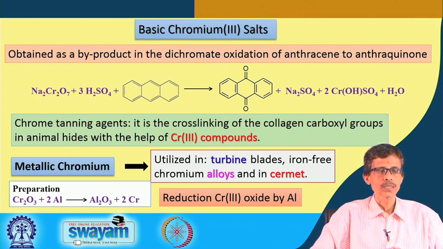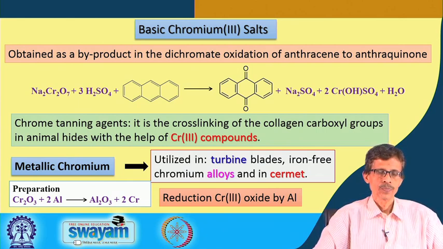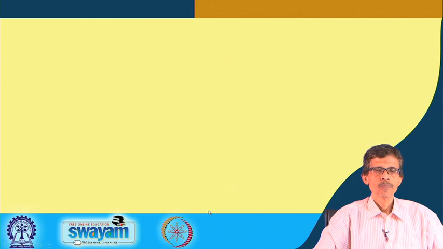So, the production of this is from aluminum as alumina, and by doing so we basically convert your chromium oxide to the metallic chromium, which is very much useful in industry. So, the process is therefore the typical reduction of chromium 3 oxide by aluminum.